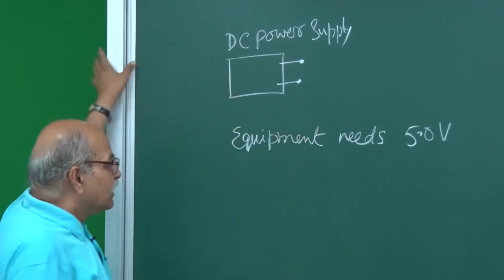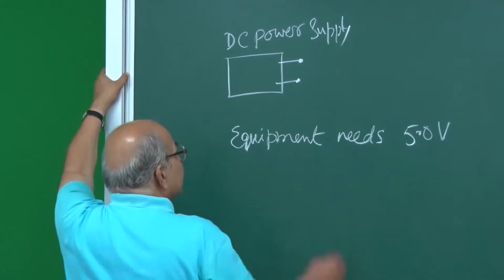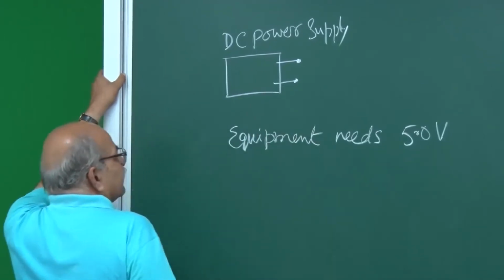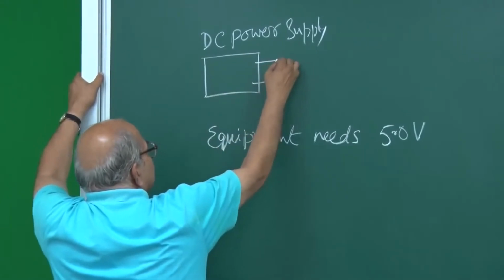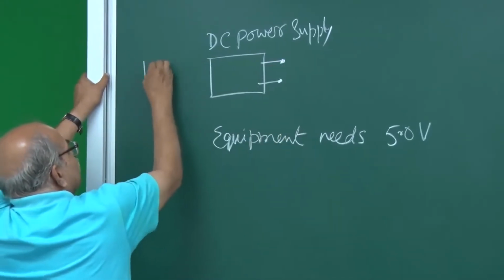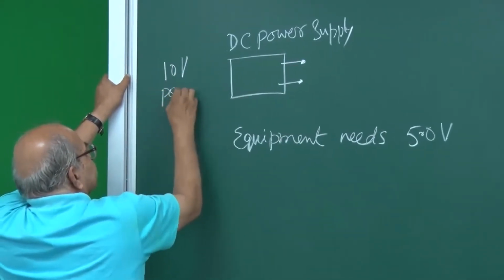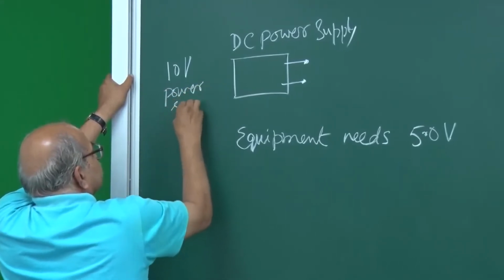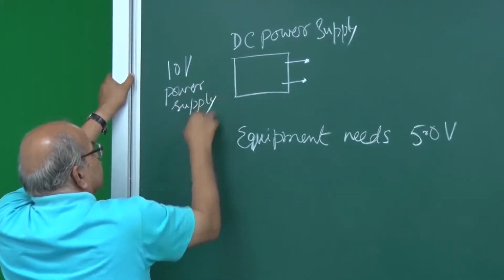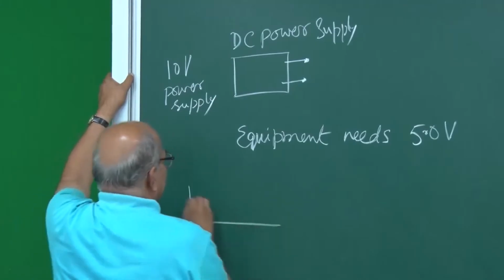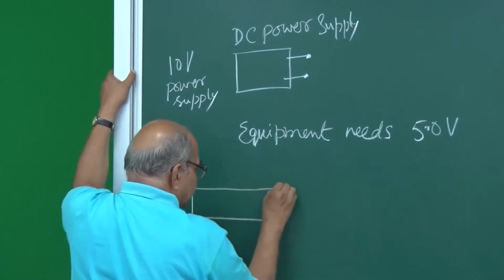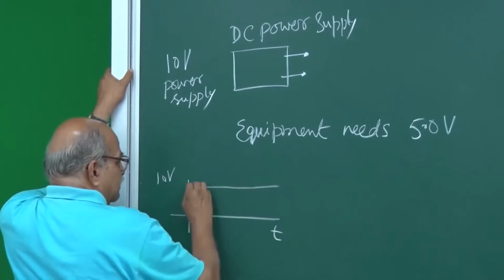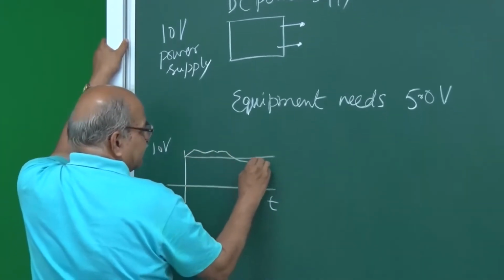What can I do? I can create a circuit. I can take this power supply here, and suppose this is a 10 volt power supply. It is supposed to give me 10 volts. It is supposed to give me this kind of waveform as a function of time, but what it is doing, it's giving this kind of thing.